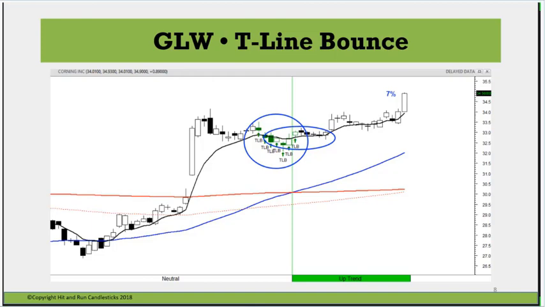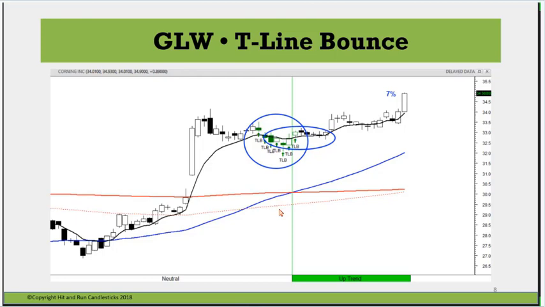You'll see there what I'm talking about. So here's GLW, and this is what we call a T-line bounce. You'll see it on the chart here. See that TLB right there, and you see how these candlesticks are green. Well, what that's doing is alerting the chart pattern, the setup that we've developed as a team with Jeff and MetaStock and myself.